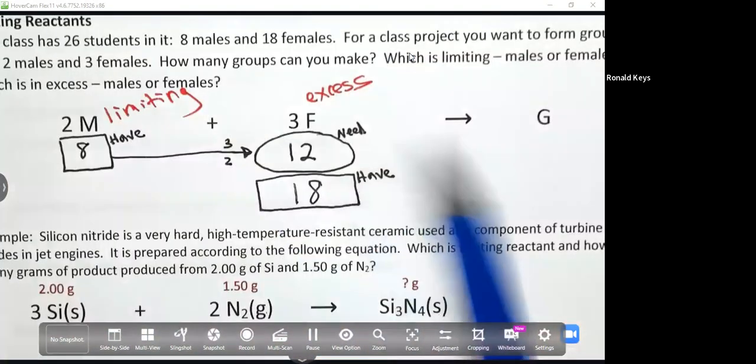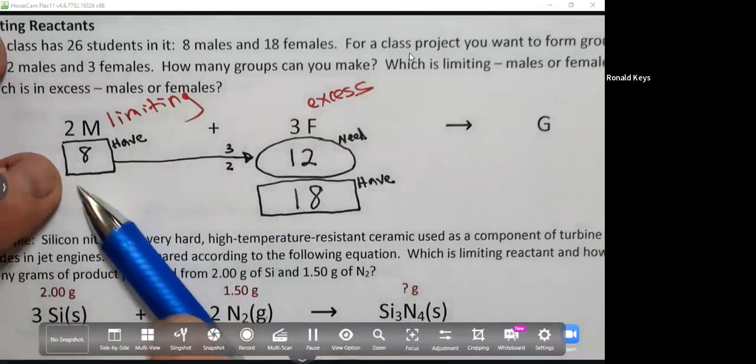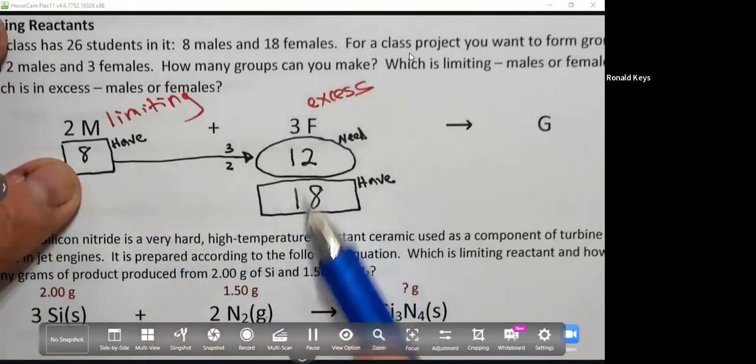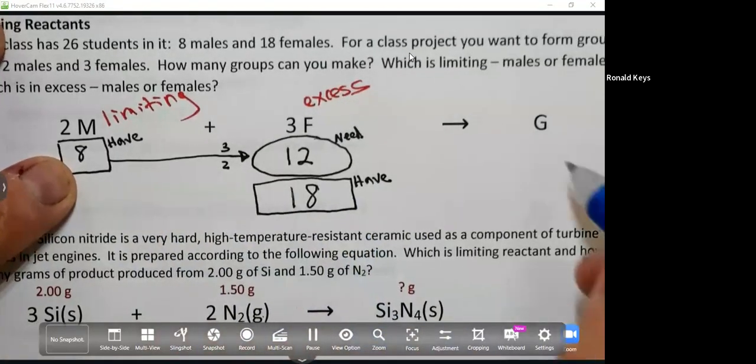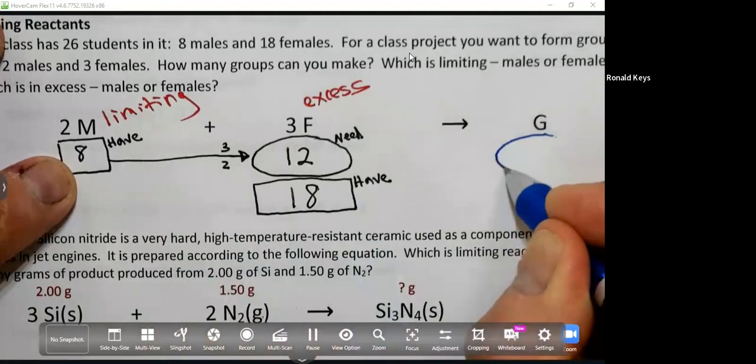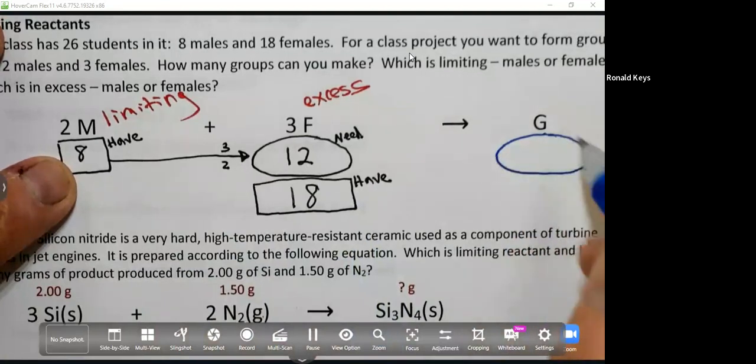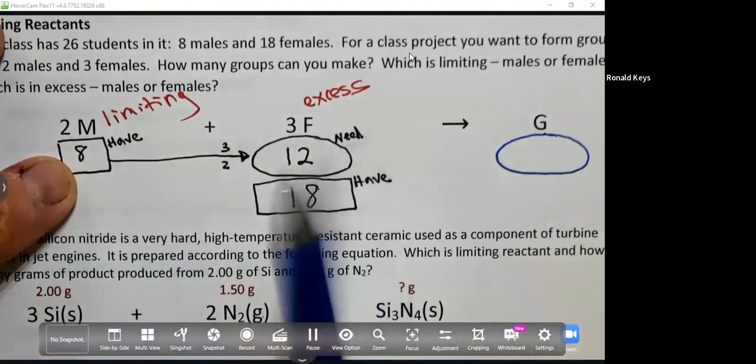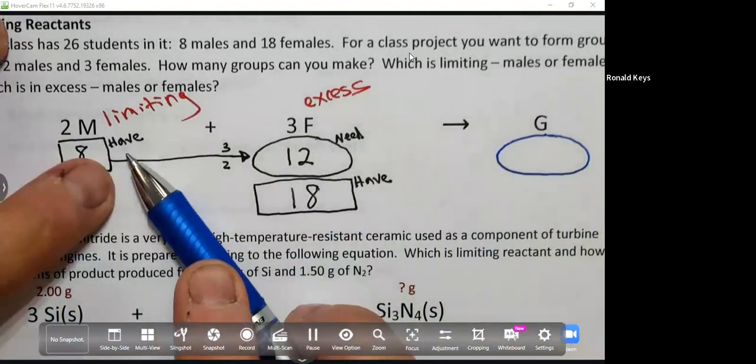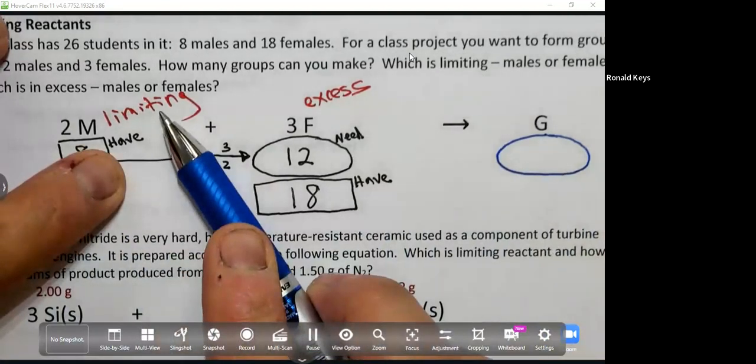Now listen, once you get to this point, everything is going to be in moles. To figure out your moles of product over here, you stop making groups when you run out of what you have of the limiting one. Let me say that again.